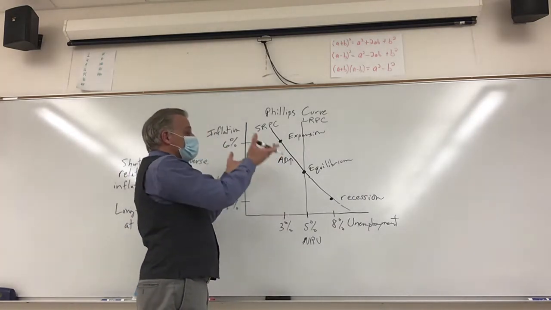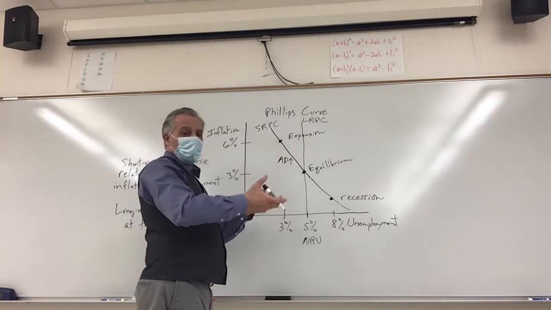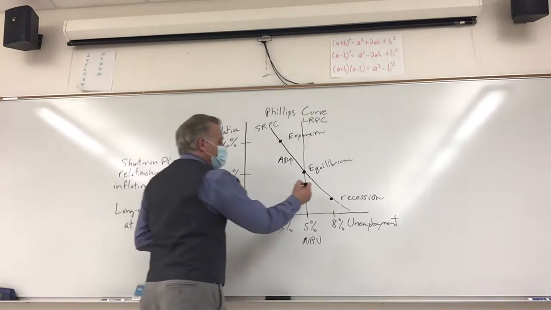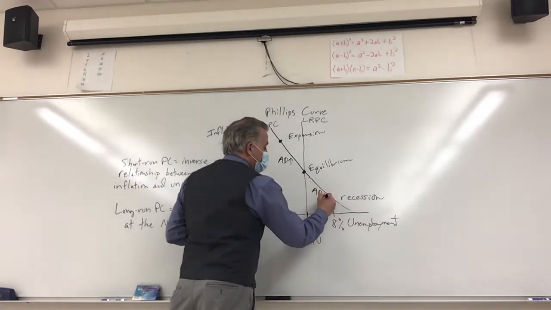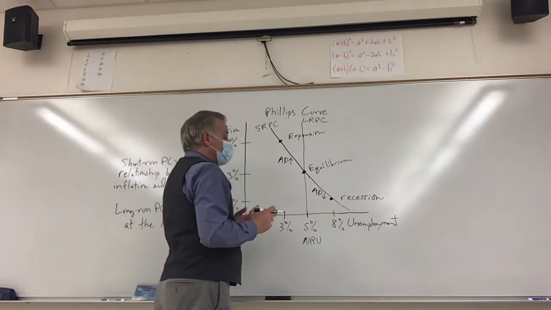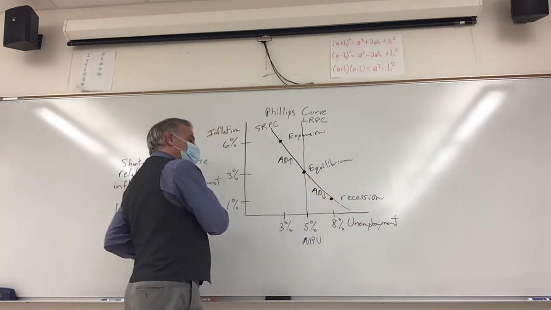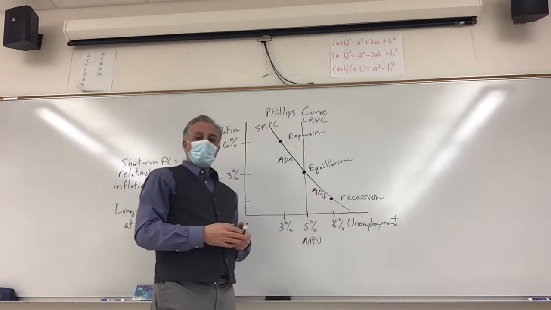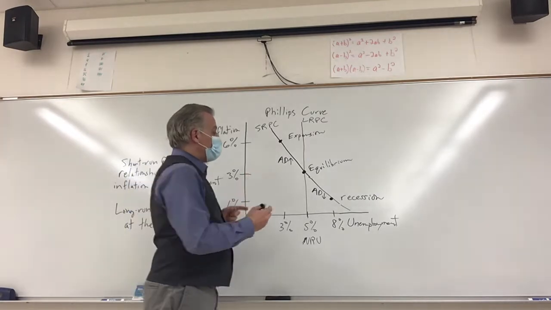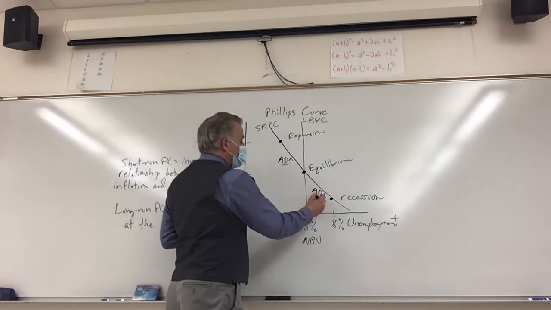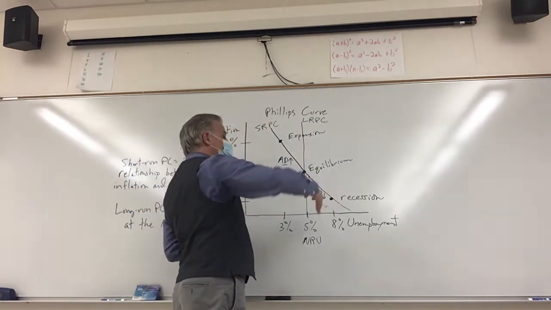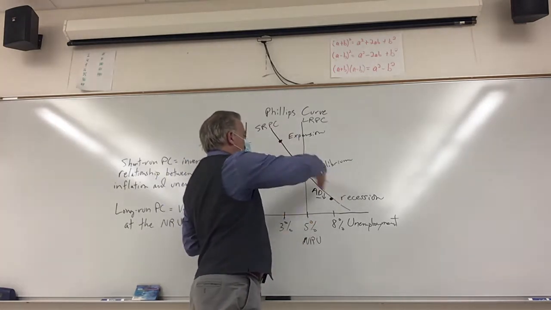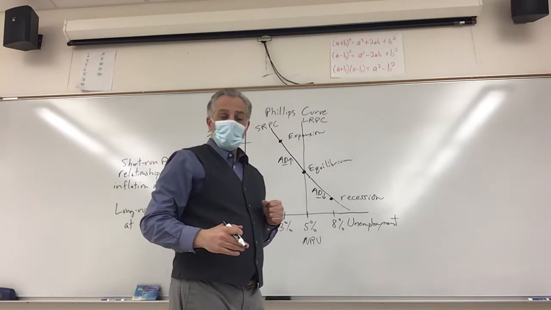Okay, but it still goes up because price level and inflation are essentially the same thing. All right, and here, this would be a decrease in aggregate demand again. A decrease in aggregate demand moves left on the ASAD graph, which means it moves right on this graph. Okay, how do I remember that we're going along the Phillips curve? Well, the D in aggregate demand stands for diagonal. We move diagonally with that.